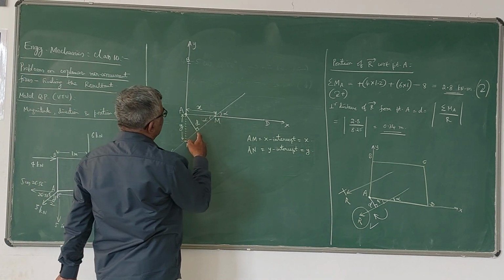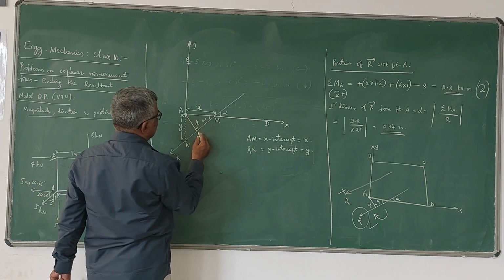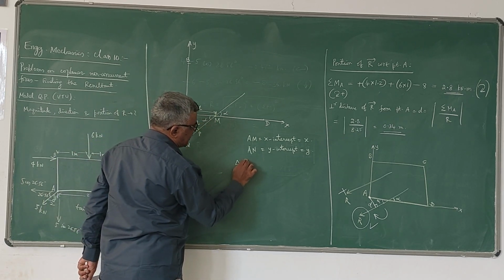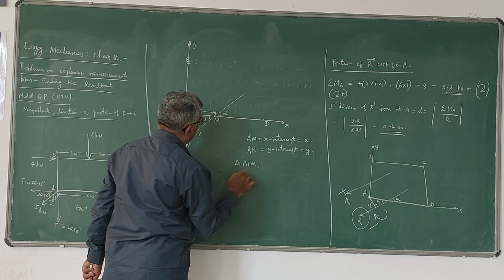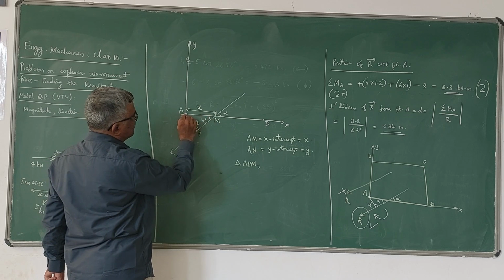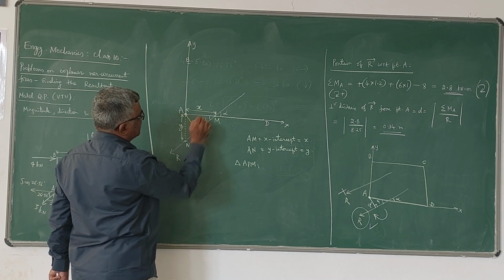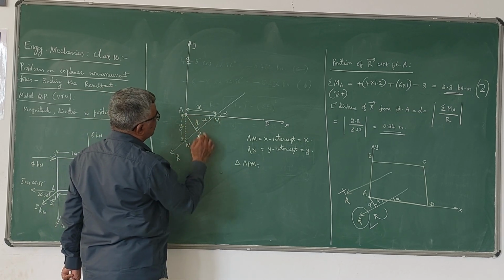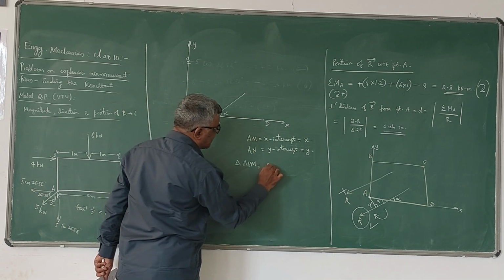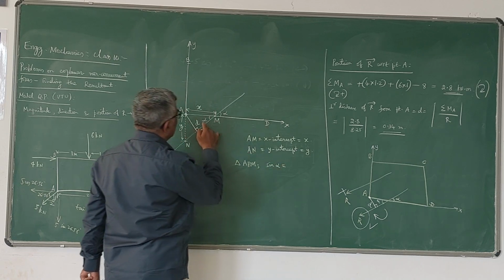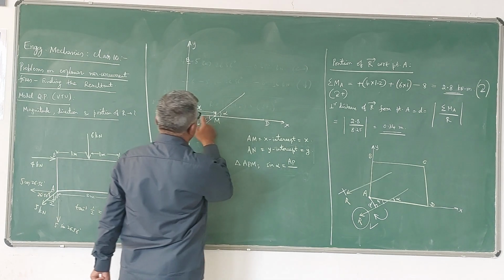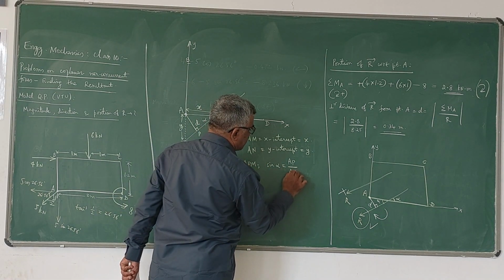Now you have to consider these two triangles. Let me take this as P. In triangle APM, I want this distance, so this becomes the hypotenuse. If I take sin alpha in this triangle, sin alpha is equal to AP divided by AM, opposite side by hypotenuse.